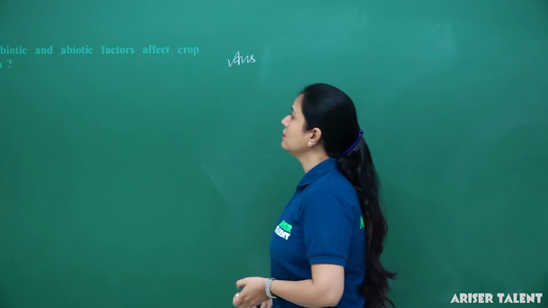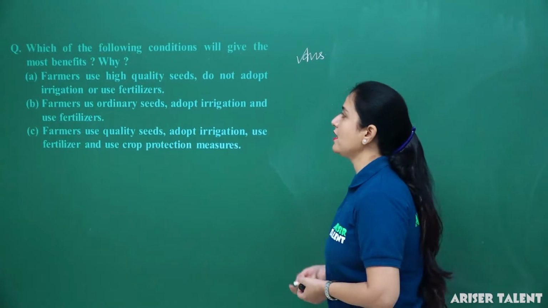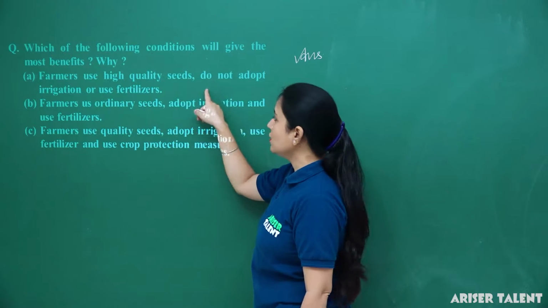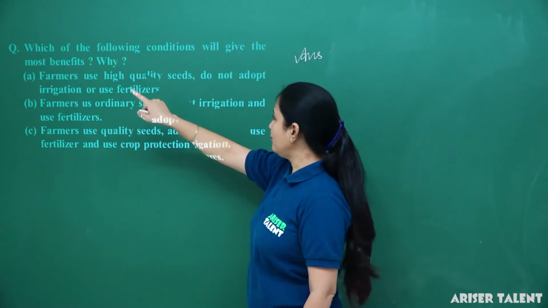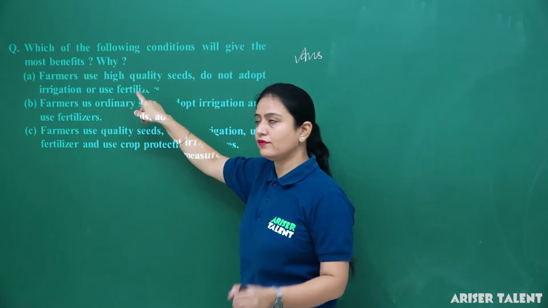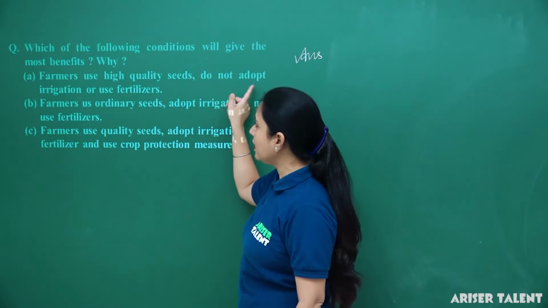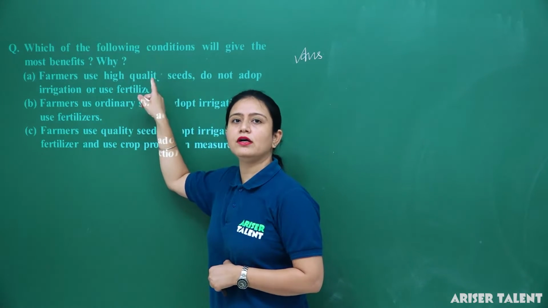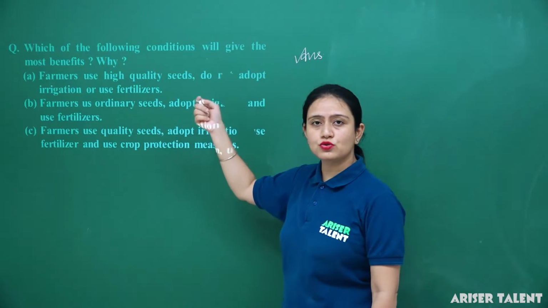Next is, which of the following conditions will give the most benefits and why? Farmers use high quality seeds, but do not adopt irrigation or use fertilizers. If the farmer is using high quality seed, it's good, it will give a high yield, but if the farmer does not adopt irrigation, then the seed will not germinate, because seeds need a proper amount of water to germinate.